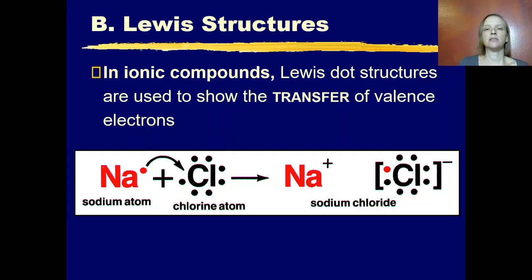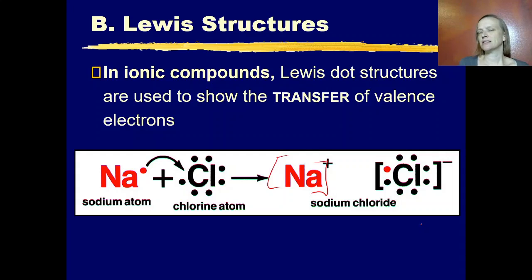So here we can see that sodium has 1 valence electron and chlorine has 7 valence electrons. So what happens is sodium readily gives up its 1 valence electron, and chlorine readily accepts that 1 valence electron. So then we're left with sodium with a charge of +1 and chloride with a charge of -1. And this is our sodium chloride substance.